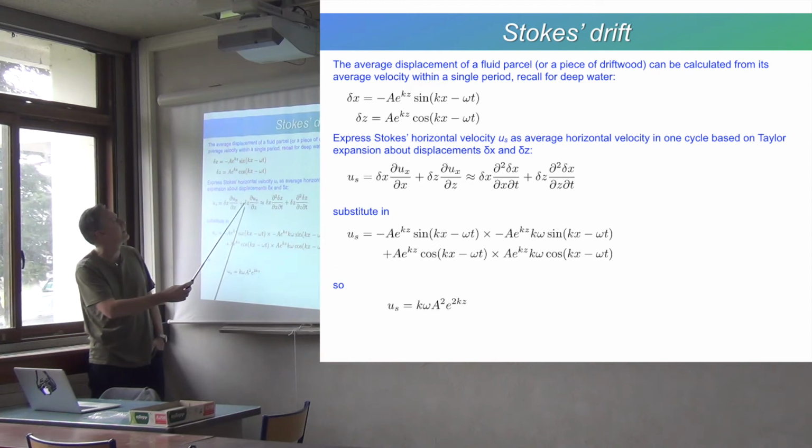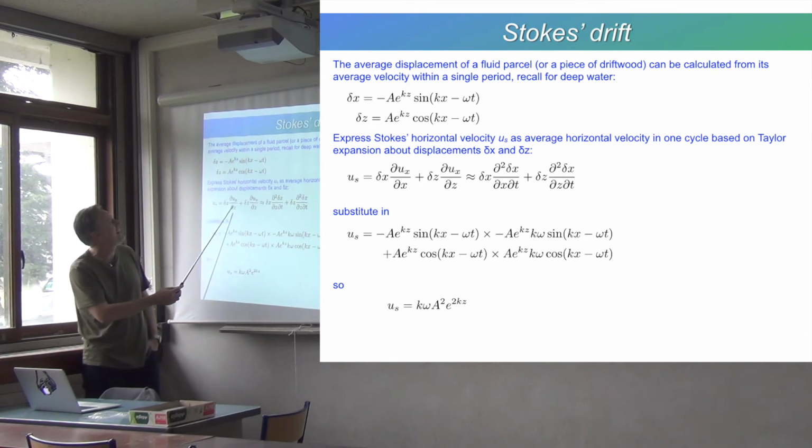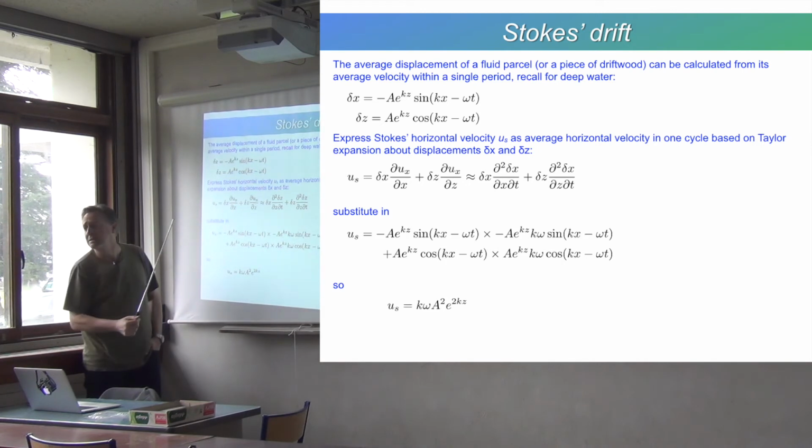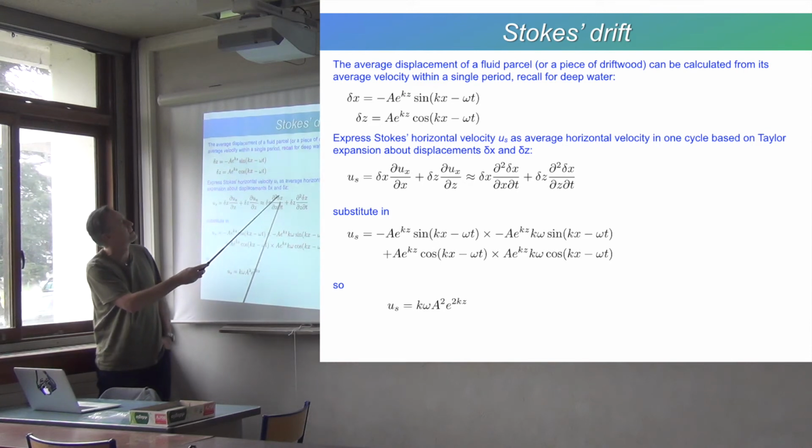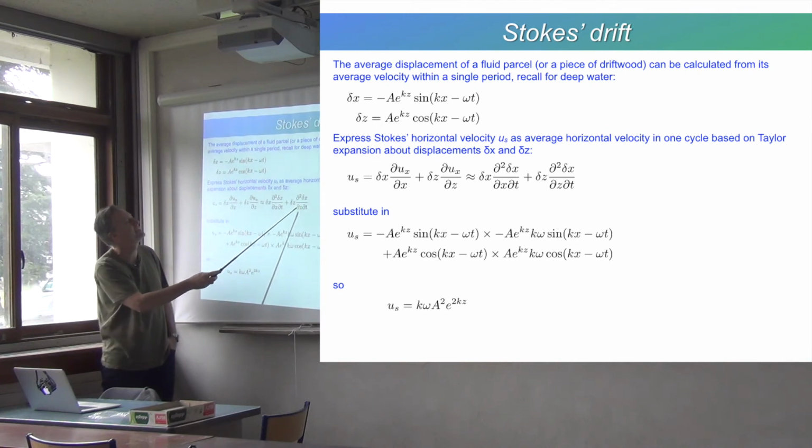That's how we construct our Stokes drift speed. Now, u is d/dt of delta x, so that gives us delta x times d squared delta x by dx dt, plus delta z times d squared delta x by dz dt.